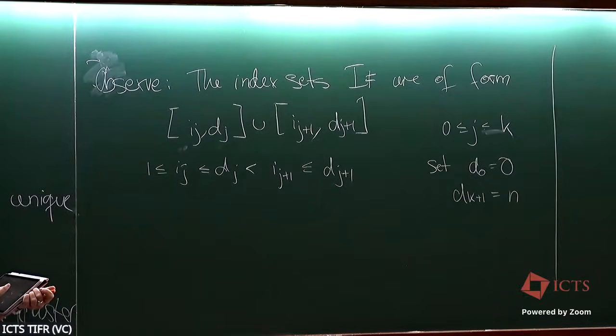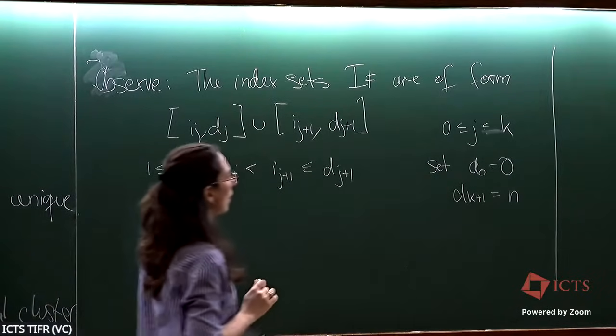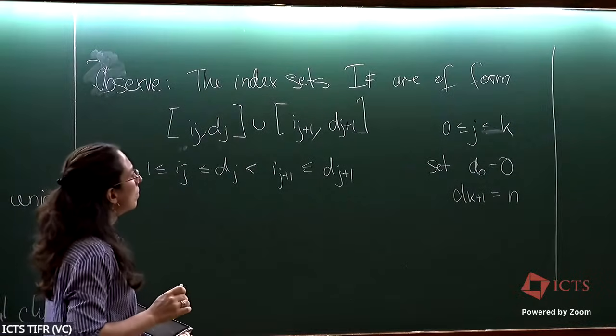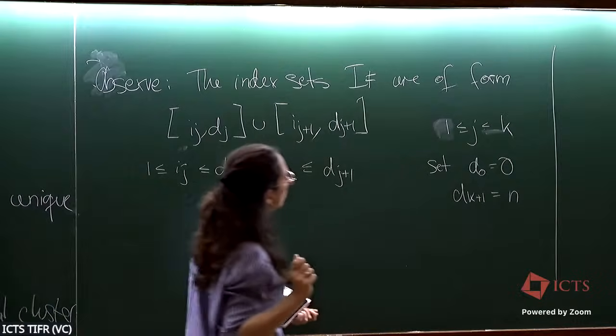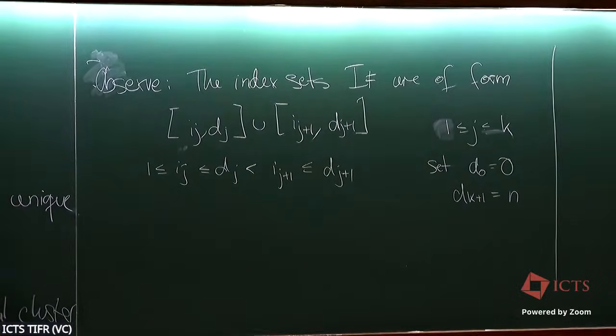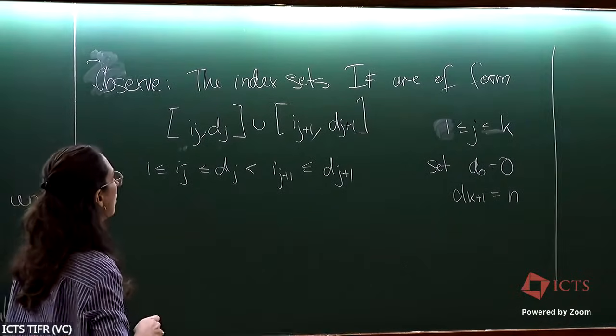Maybe actually I don't need d_0. I think I don't need d_0, but yeah, okay. Okay, so the index sets in my initial seed are actually always of this form. And then I have the following formula.